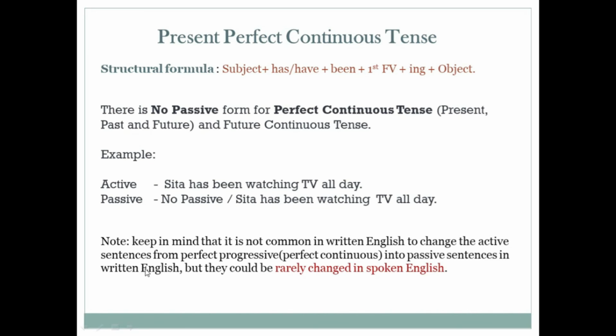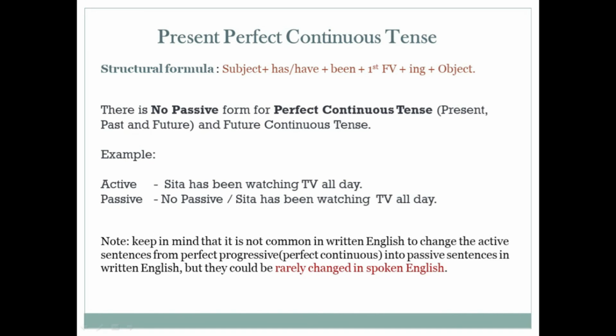Things to note. Keep in mind that it is not common in written English to change active sentences in the perfect progressive, the perfect continuous tense, into passive sentences. In written English, it is not common, it's not used, it's not possible.